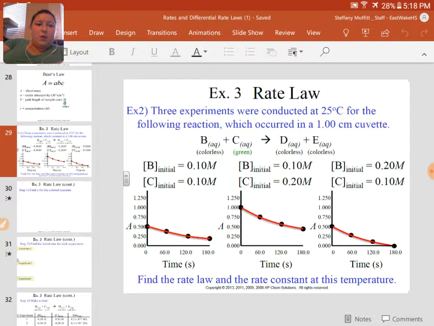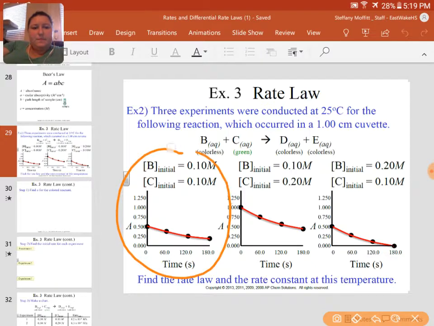The colored reactant is the C. And what we can do is we can just pick one of these, this one. And we can do big A, which is the absorbance, which we can find.